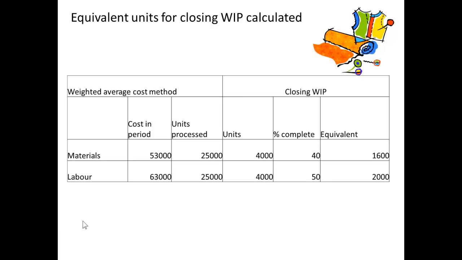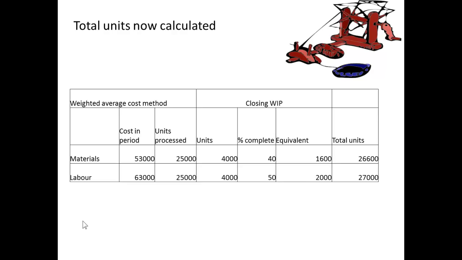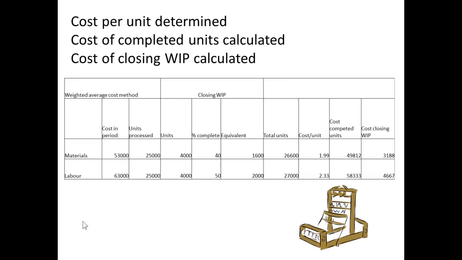The equivalent units now for the closing work in progress we need to work out. So we've got 4,000 which are 40%, gives 1,600, 4,000 that are 50%, is for the labour, 2,000. I've now got my total units, which will be 26,600 equivalent units for materials. That's the 25,000 plus the 1,600. And 27,000 total units for the labour, which will be from the 25,000 plus the 2,000 equivalent.